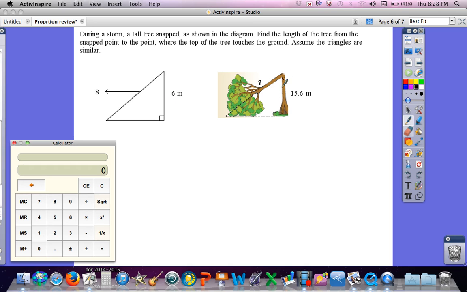So for the height of the tree here, 15.6 meters, I'm going to decide that I see a relationship between that and the height of this triangle. So this is my unknown, my question mark, and it is going to compare with this hypotenuse of 8.